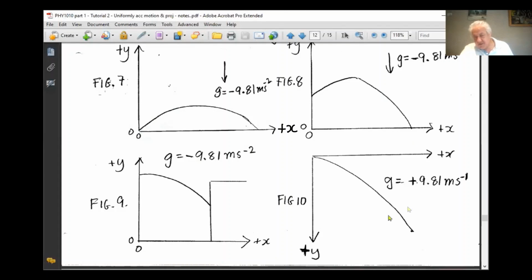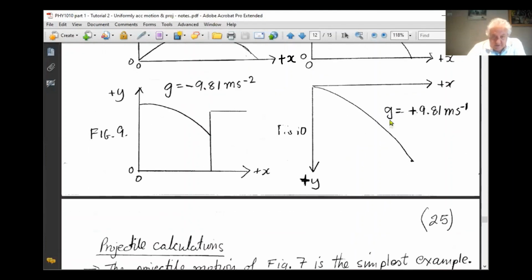When you get these other variations, you can't use the derived formulae. Now, I've given you the derived formulae on page 27. So these are the possible types of projectile motions that you may come across in your tutorial questions.